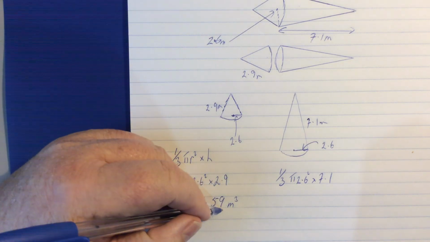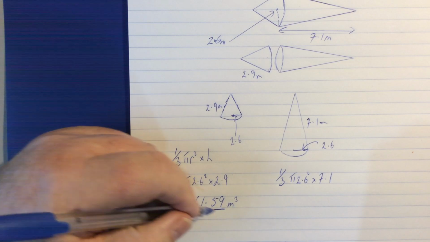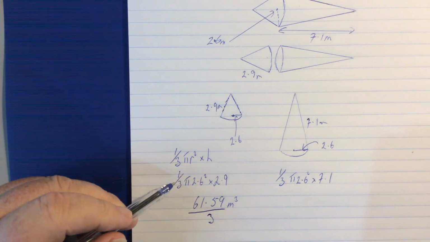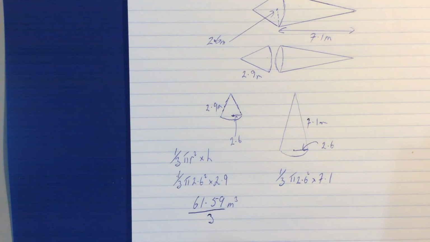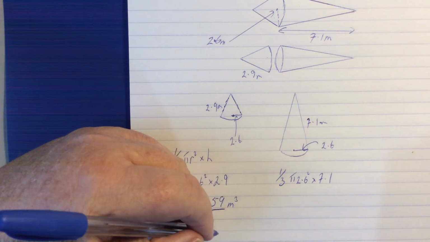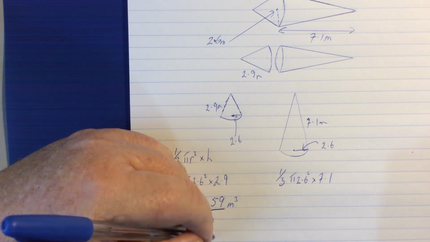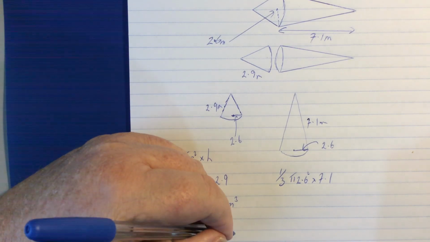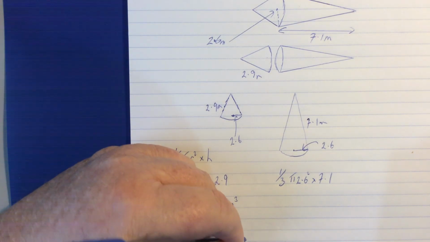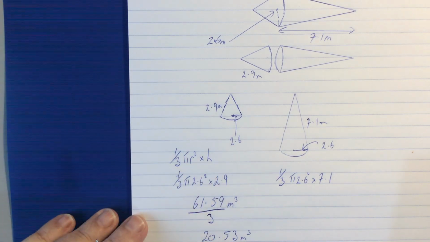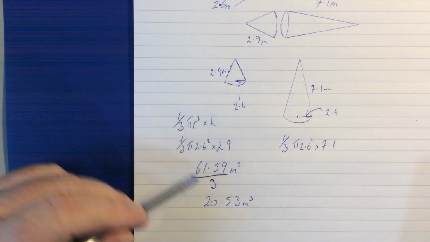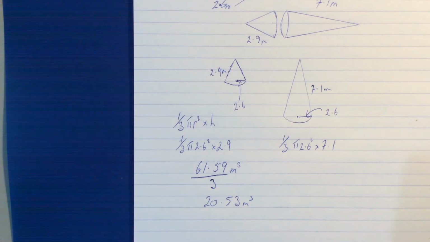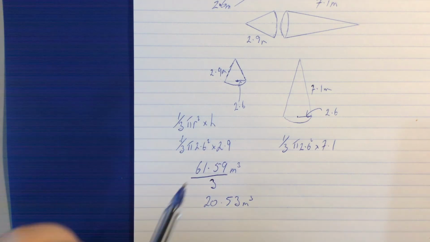The other thing I've got to remember to do is to multiply it by 1/3, or divide by 3. So if I divide by 3, I get a total of 20.53 meters cubed. Now that's a very important thing that you shouldn't forget, and I'm notorious for forgetting to do that.